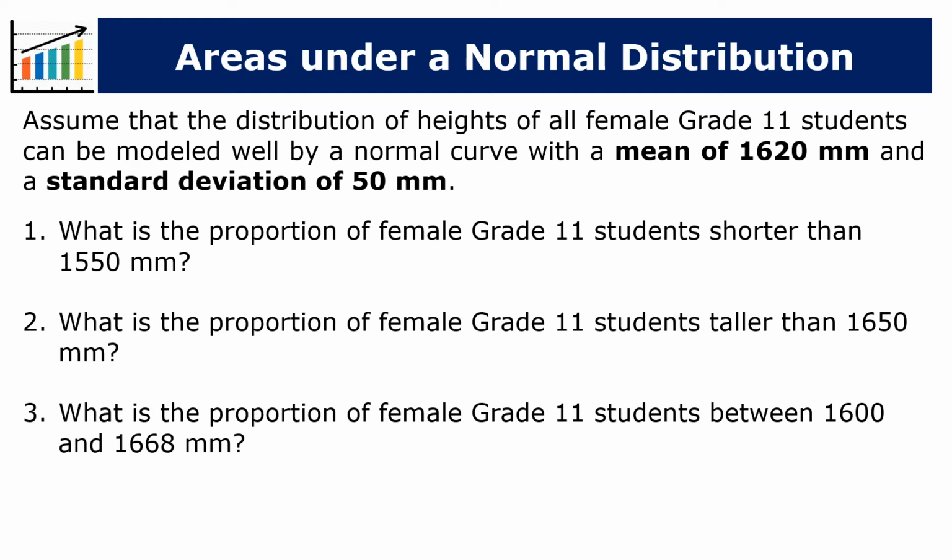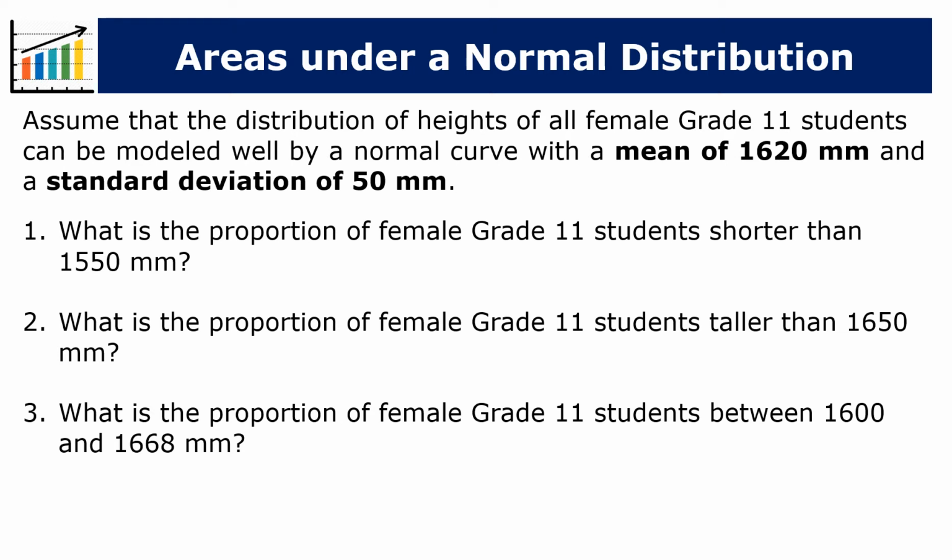What is the proportion of female grade 11 students shorter than 1,550 millimeters? Number 2. What is the proportion of female grade 11 students taller than 1,650 millimeters? And third, what is the proportion of female grade 11 students between 1,600 and 1,668 millimeters?